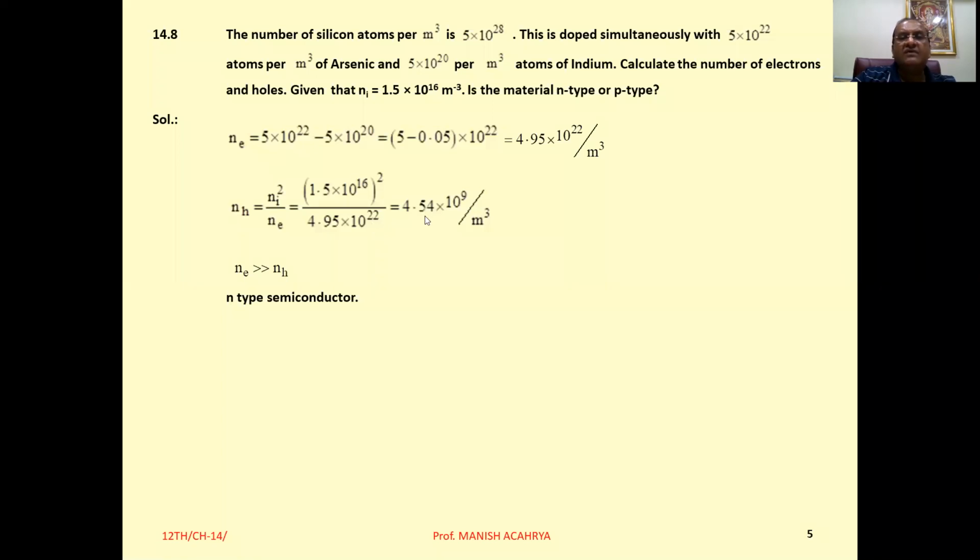If we solve this one, our answer will be 4.54 into 10 raised to 9 per meter cube. It implies that here number density of electrons is very much greater than number density of holes. So this particular semiconductor will be N-type semiconductor. Clear to all of you?